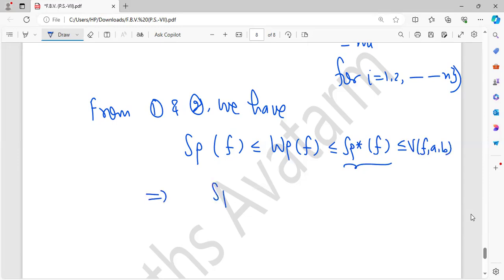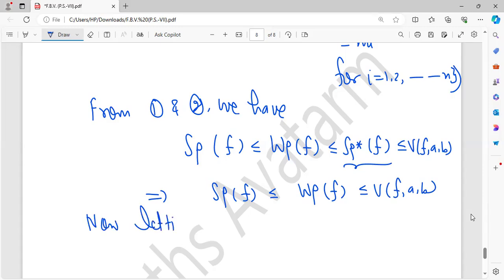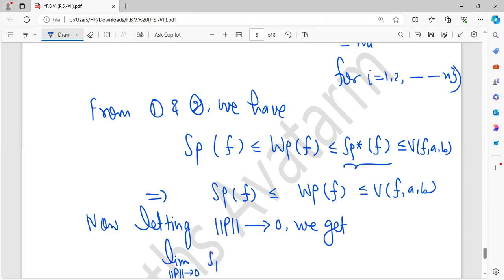So this implies S(P,F), now letting norm of P tending to 0, we get limit norm of P tending to 0, S(P,F) is less than limit norm of P tending to 0, W(P,F) is less than V(F,A,B).